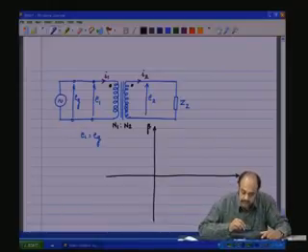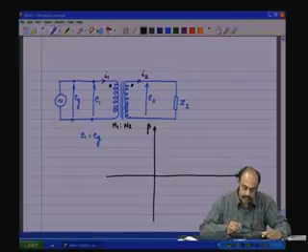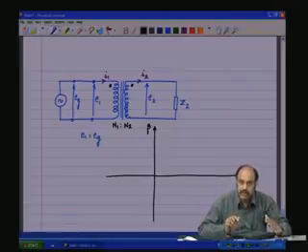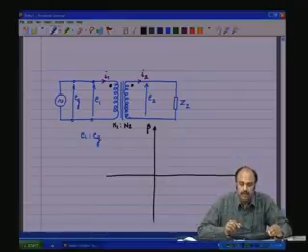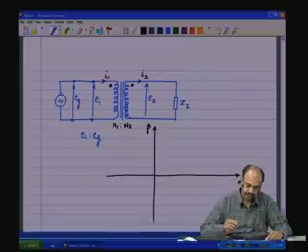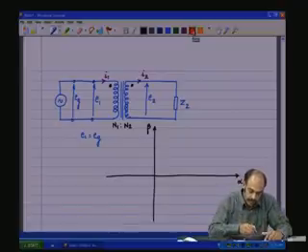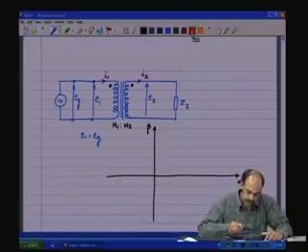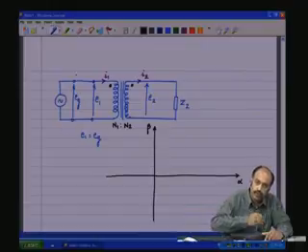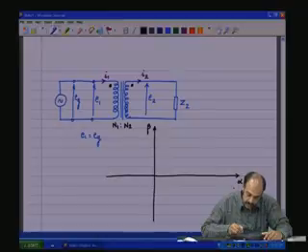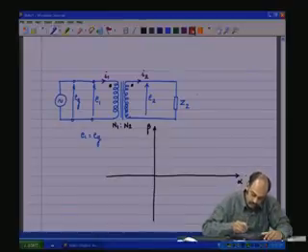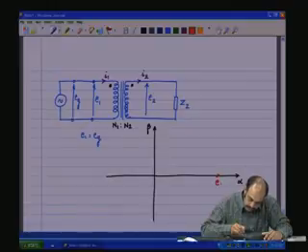So, we need to choose some reference phasor along this direction, and remember that a phasor means the same as a vector, except that the amplitudes are effective or RMS values. We shall choose the input voltage as the reference direction, that is, the EG direction.